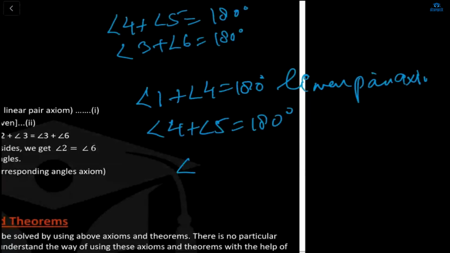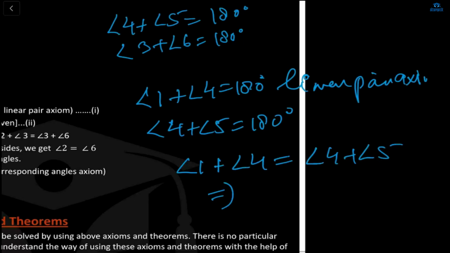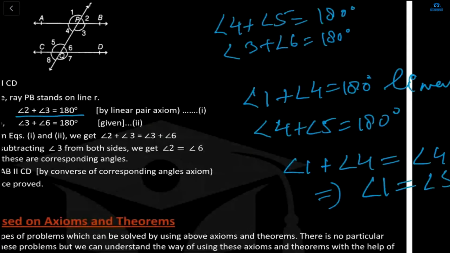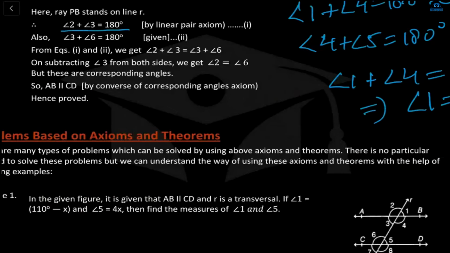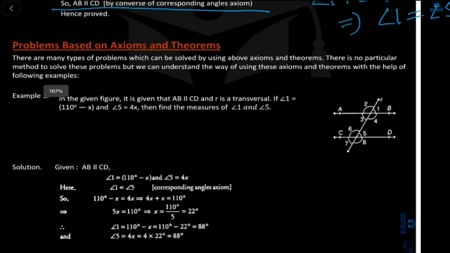So angle 1 plus angle 4 is equal to angle 4 plus angle 5, which gives angle 1 is equal to angle 5. Okay, any pair you can choose, and since they are corresponding angles, we have proved that corresponding angles are equal, so therefore the lines will be parallel, from the converse of the corresponding angle theorem. Okay, understood?